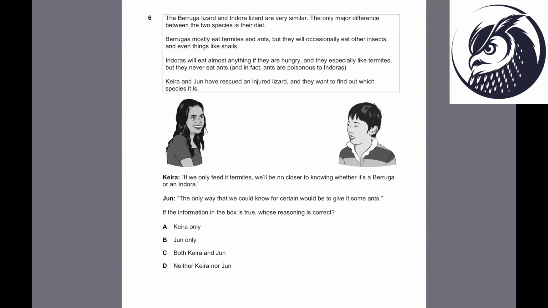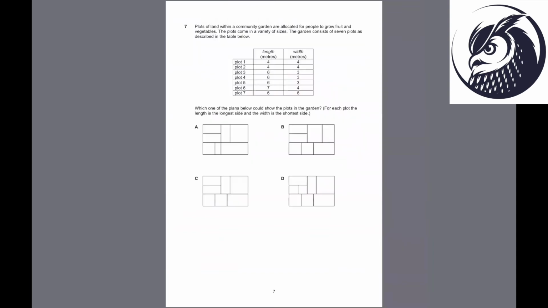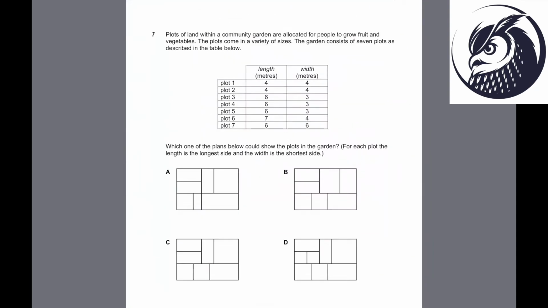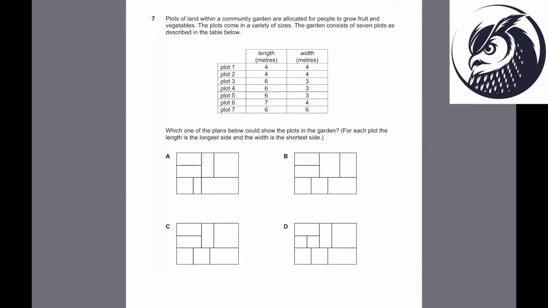Let's now move on to the next question, question number 7. In question number 7, it says, plots of land within a community garden are allocated for people to grow fruit and vegetables. The plots come in a variety of sizes.